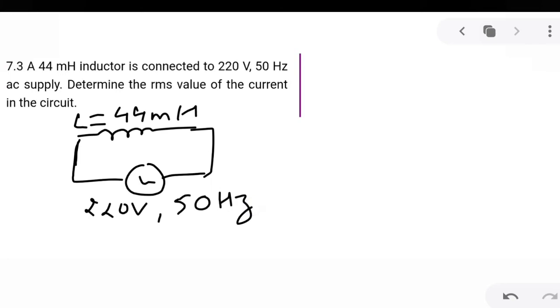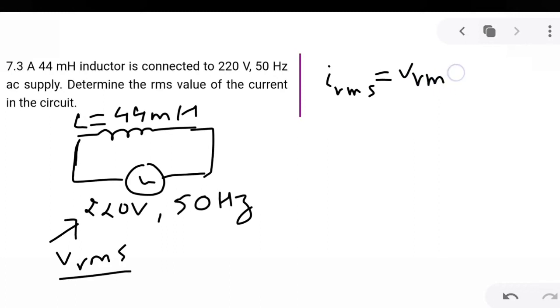Now I told you this AC source voltage is always the RMS voltage. So here RMS voltage is given, and you are asked to find the RMS value of current. Again using Ohm's law, IRMS is equal to VRMS divided by the term which opposes the current.